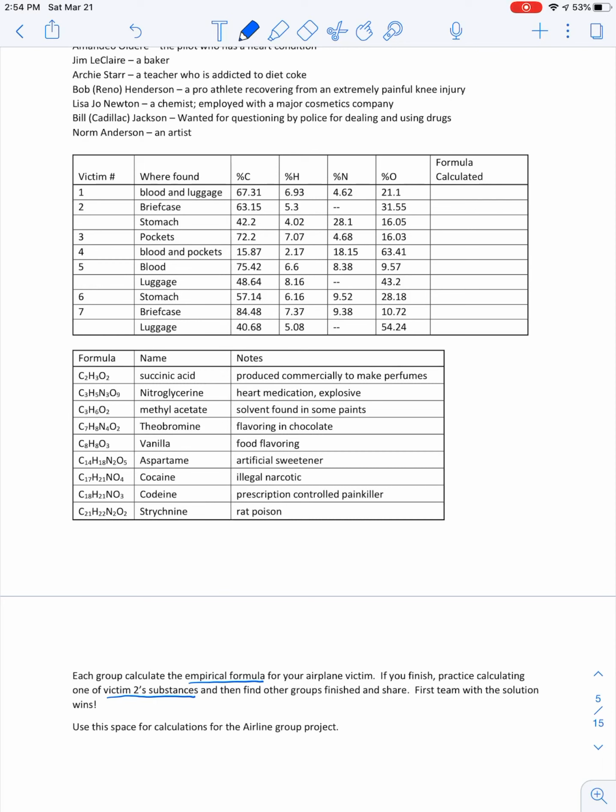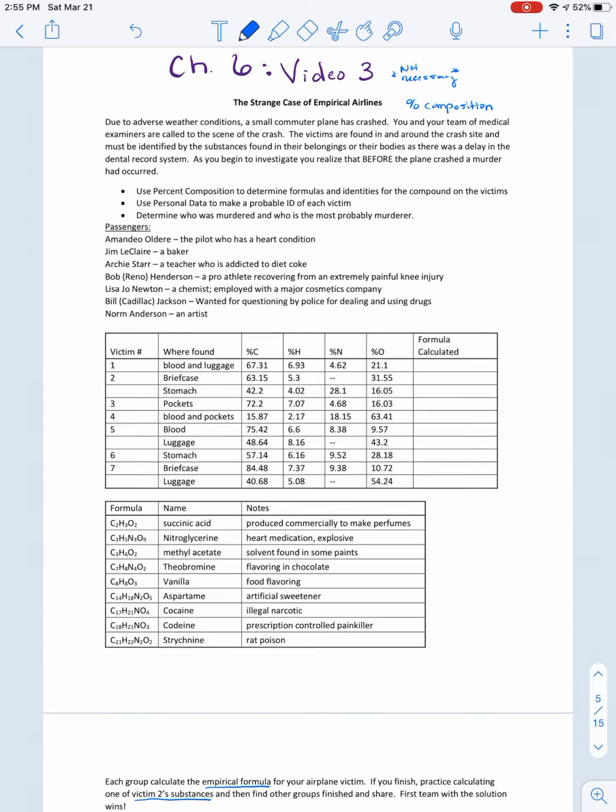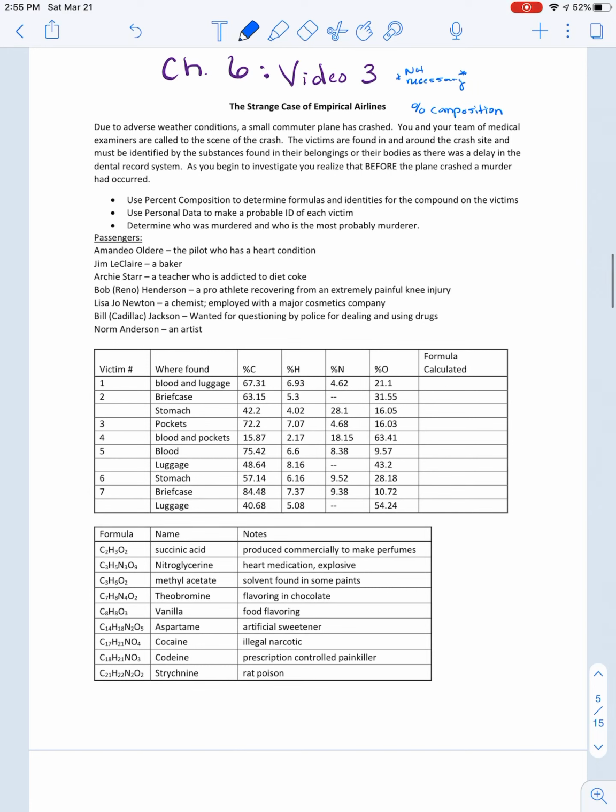When they finished, I also recommend calculating one of the victim's 2 substances because there's a tricky bit to that one. Then you would go around and talk to other groups and find what all the other groups have gotten, and the first team with the solution would have won. And I've got room for the airplane calculations. My intent was not for you to do every one of these calculations, but just to do 1 or 2 for more practice in kind of a fun setting.